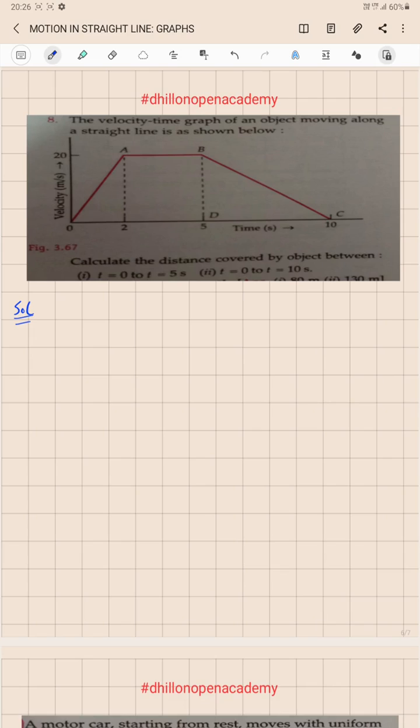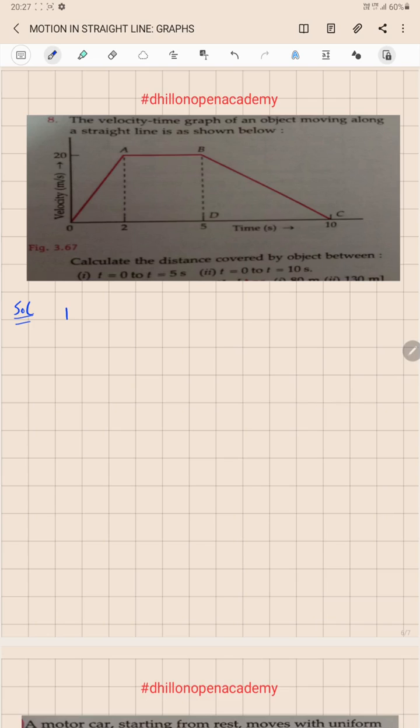First part, time t equal to 0 to 5 seconds, and second, from time t equal to 0 to 10 seconds. Very simple. We know that this is a velocity time graph, and from the velocity time graph if we find out the area, then we get the displacement. That means we have to just find out the area of the graph.